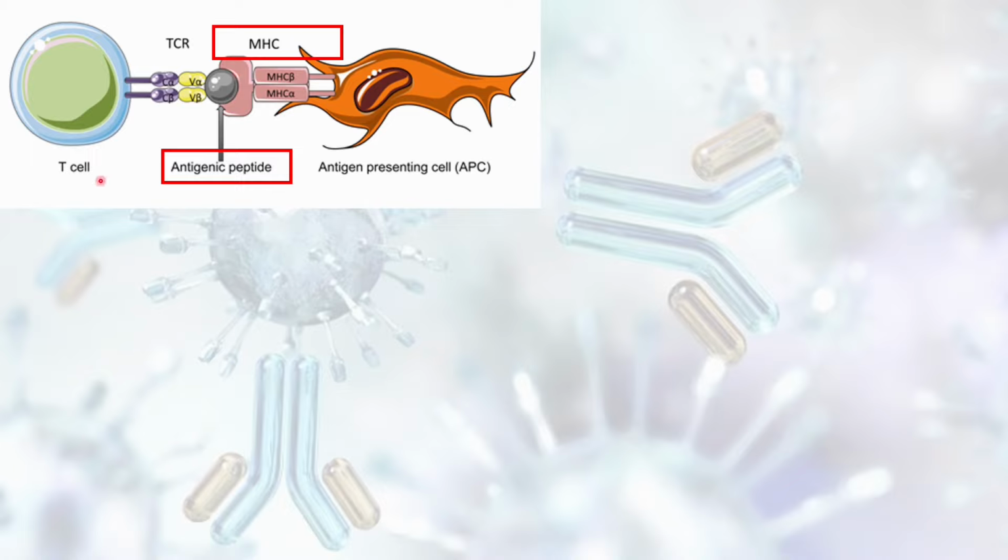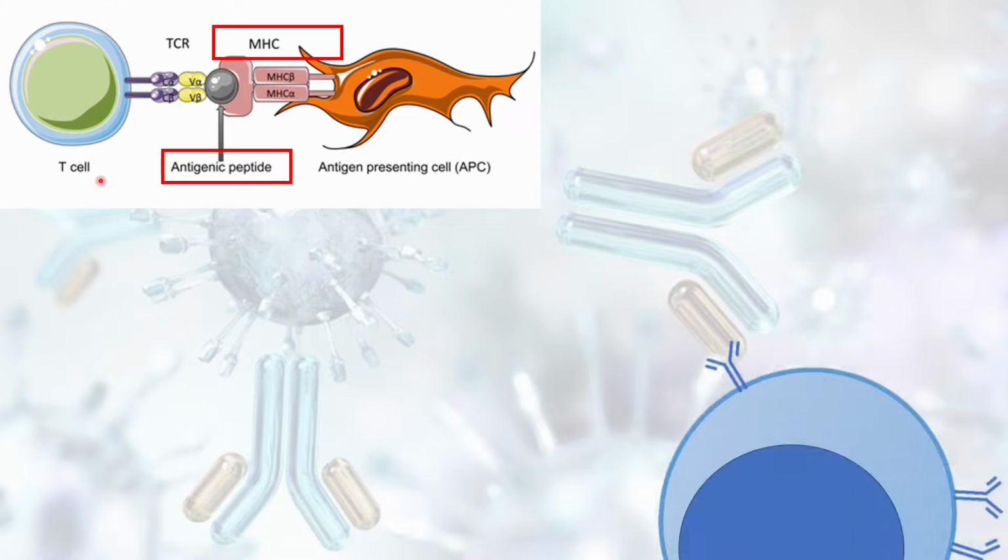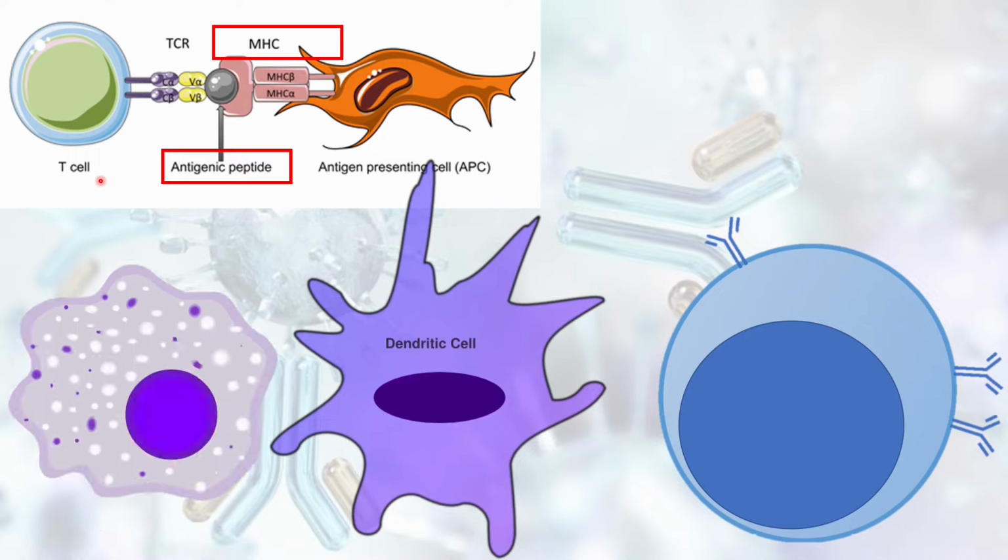Now, if this T cell is CD4 positive, it needs MHC class 2. And MHC class 2 is only found on antigen-presenting cells like B cells, dendritic cells, and macrophages.